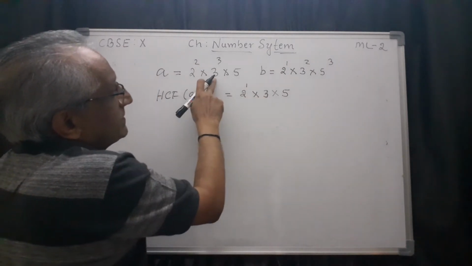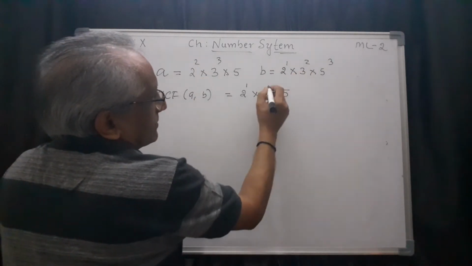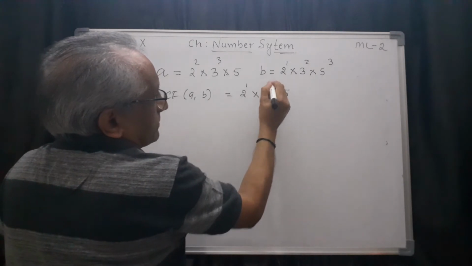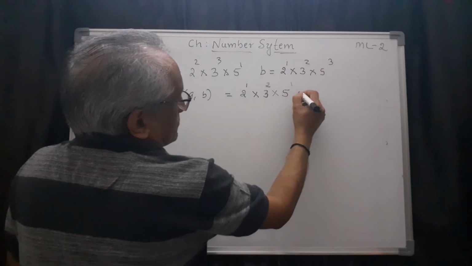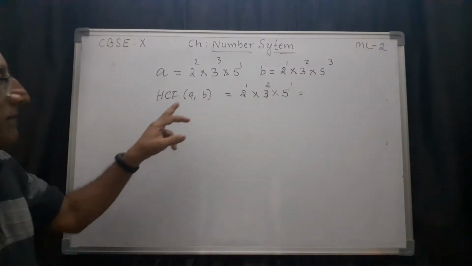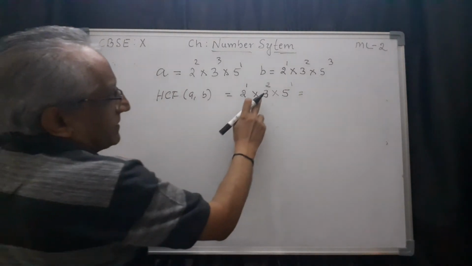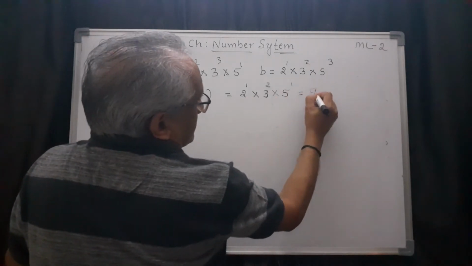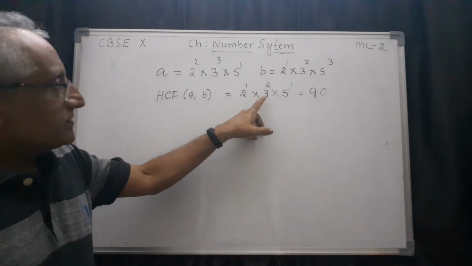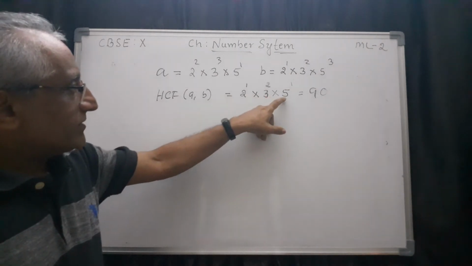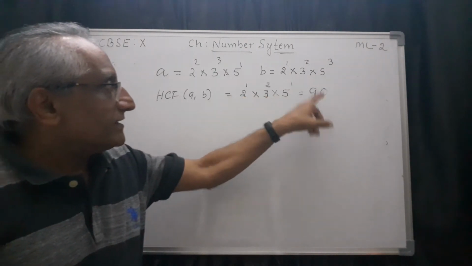And here it is 3 cube, here it is 3 square, so I have to write 2. Then 5 to the 1 here and 5 cube, so 1. So this is actually the HCF. You can check, 90 is the HCF. This is 9, and 5 into 2 is 10. 9 into 10 is 90.